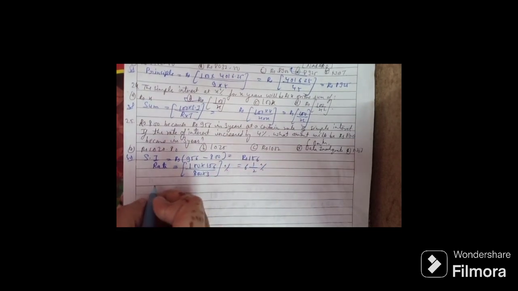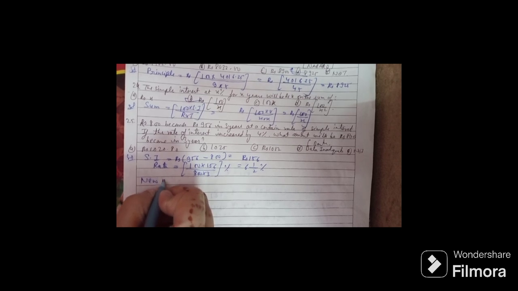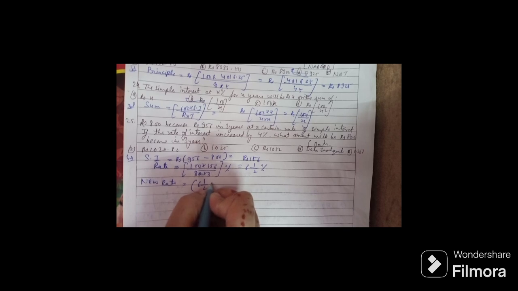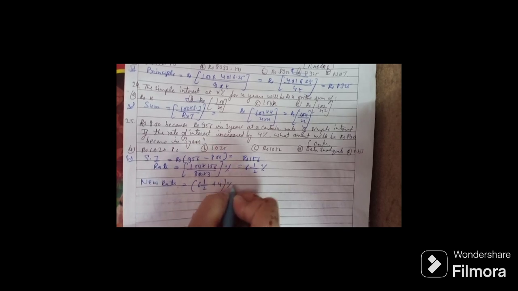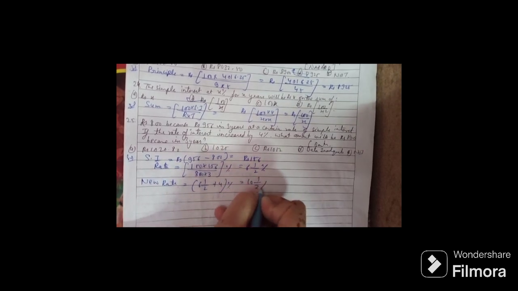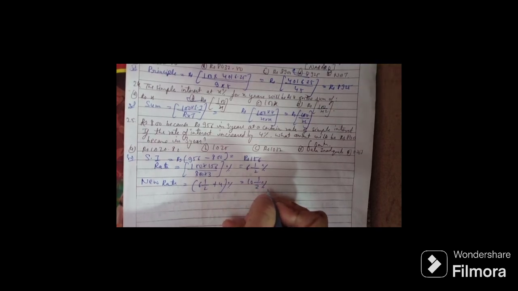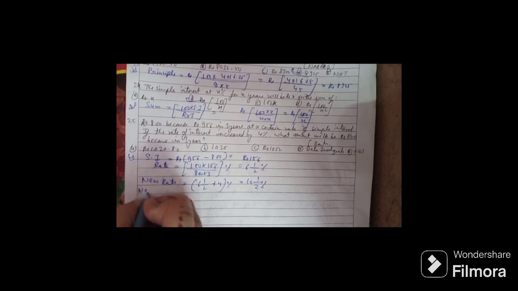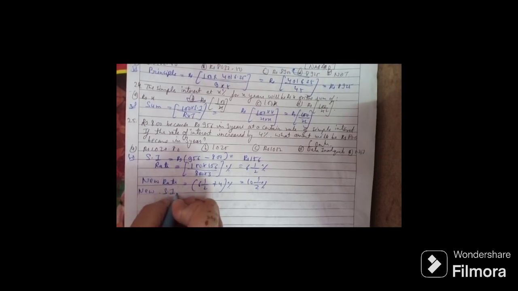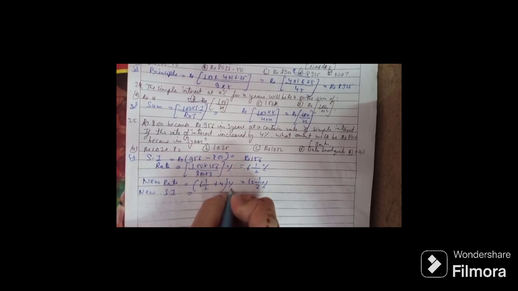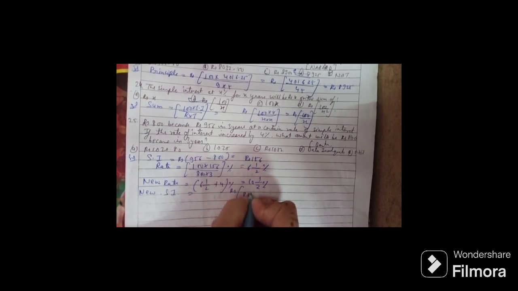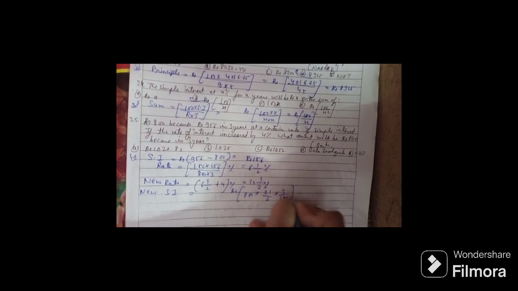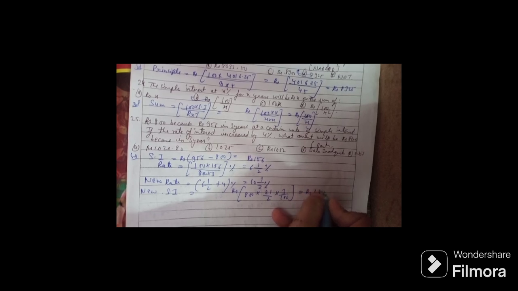New rate equals 6 1 by 2 plus 4, which is 10 1 by 2. So new SI equals rupees 800 into 21 upon 2 into 3 upon 100, which is equal to rupees 252.